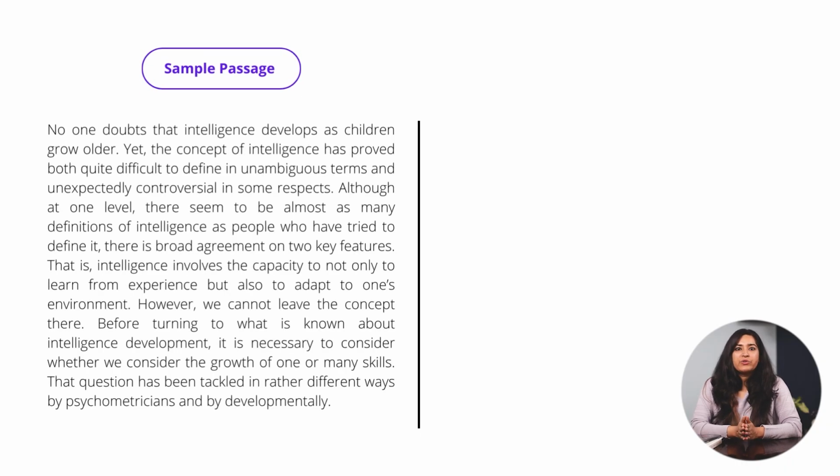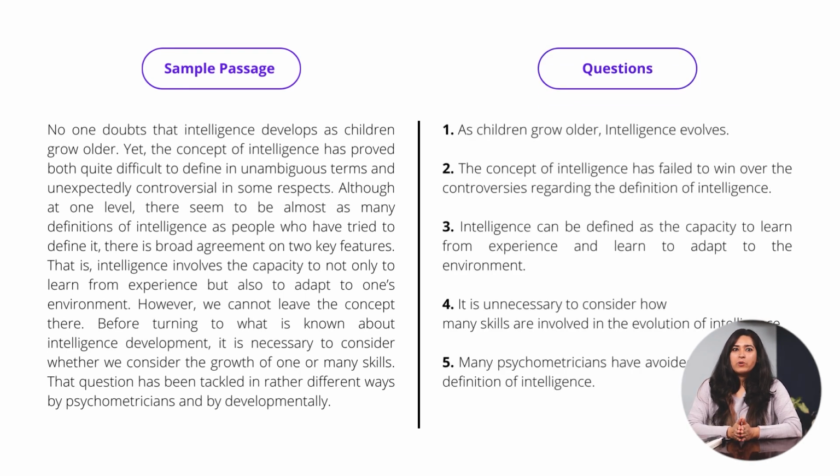Now that we've gone through what this question type entails, let's do an activity together. Let's go through the statements. You can take note of any words that stand out to you. Number 1, as children grow older, intelligence evolves. Number 2, the concept of intelligence has failed to win over the controversies regarding the definition of intelligence.